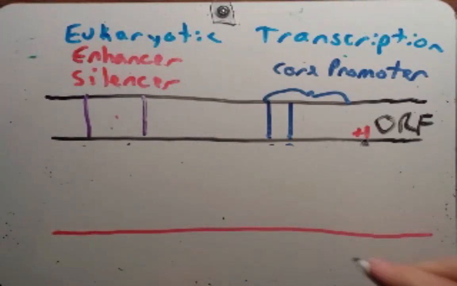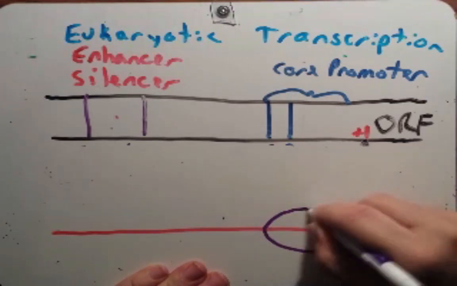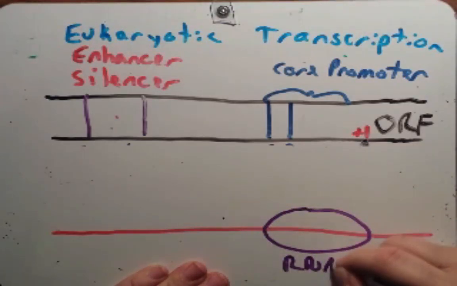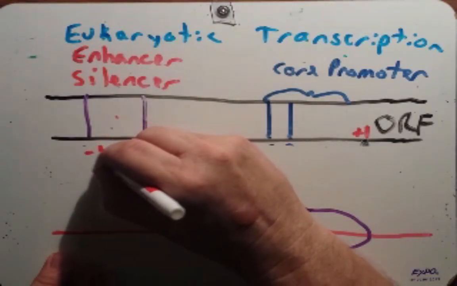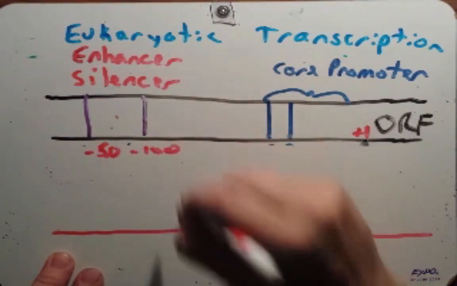And we haven't talked too much about it, but when this RNA polymerase is bound here, and we're getting that basal transcription, very low level transcription, how can we make this go faster? And remember, these are about -50 to -100 base pairs away.